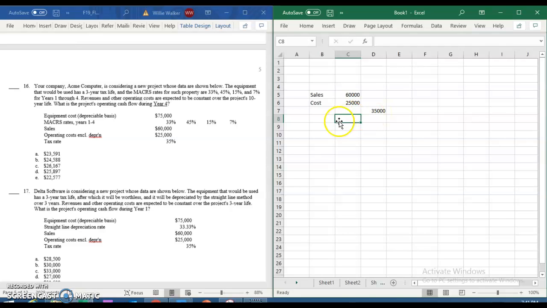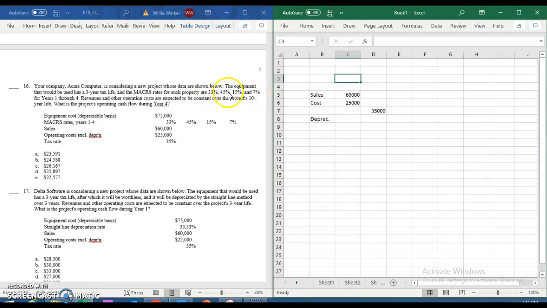Let's take out depreciation. So another expense we have, depreciation. It says from the problem that for the first 1, 2, 3, 4 years, we're given the depreciable amount that we can expense.